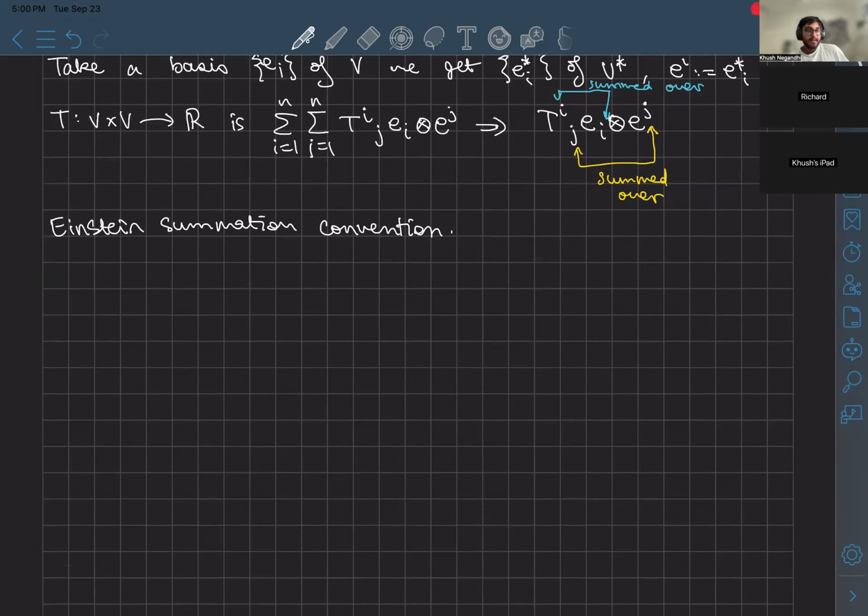So let's look at linear maps like from V dual.